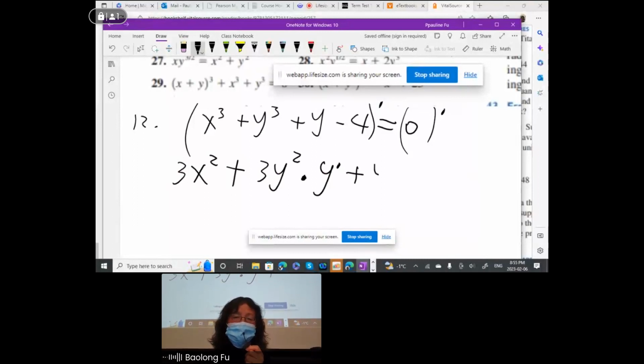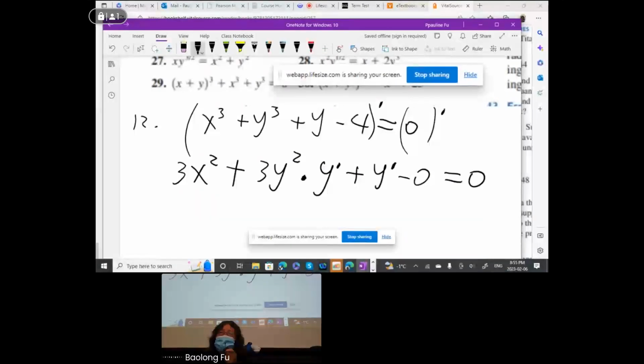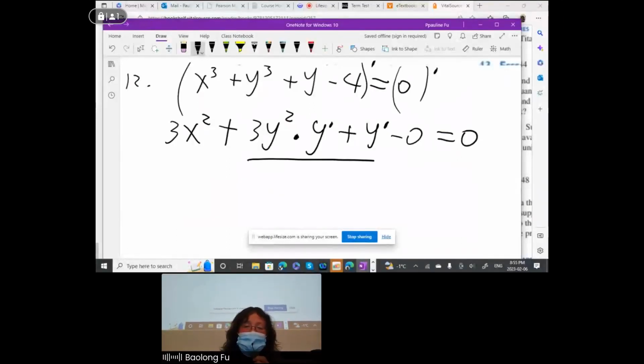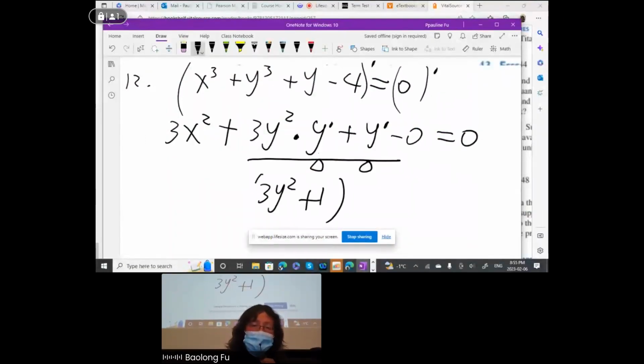Now the derivative of y is y prime, and the derivative of 4 is 0. Derivative of 0 is 0. Okay, now I collect like terms because y prime is here. So I have (3y squared plus 1) times y prime.